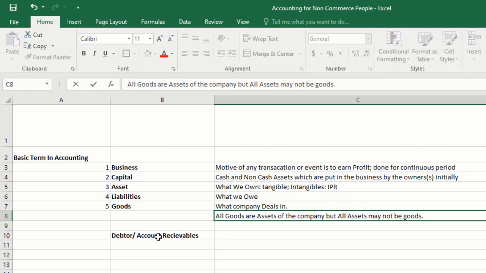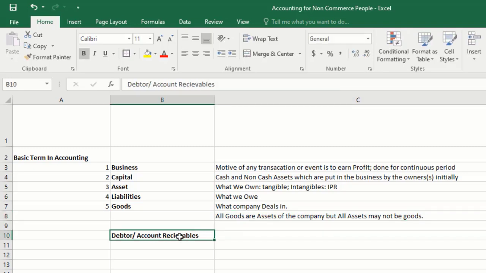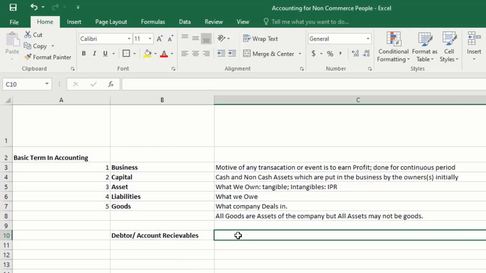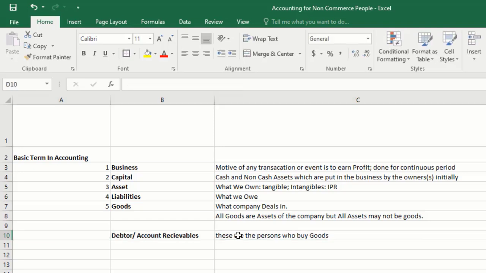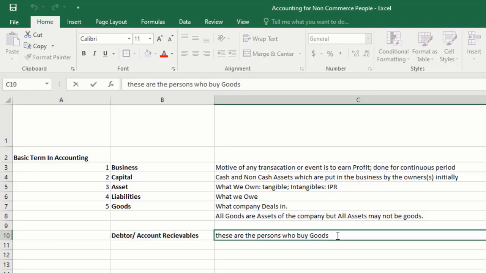Now coming to the debtors part. When you talk about debtors, account receivable, I will write it first, then you will understand it. These are the persons who buy goods, and I will highlight this word, goods, on credit from the company.